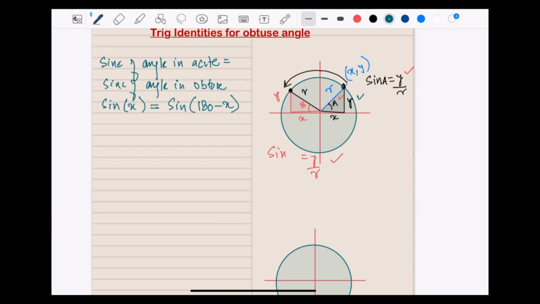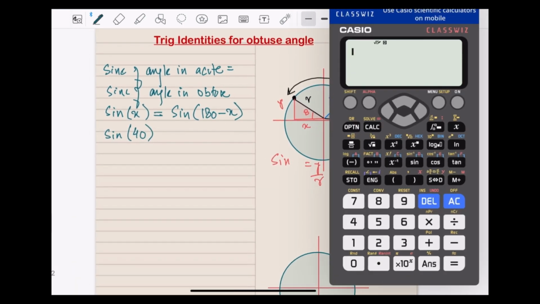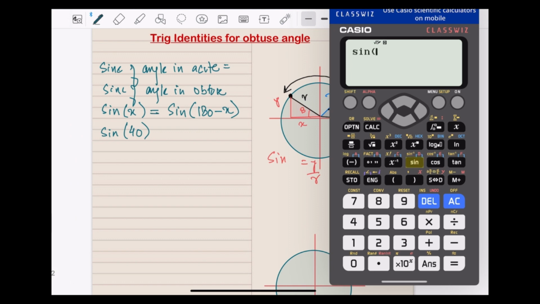I can give you an example. Let's take x as 40 degrees. So if I try to find out sine of 40, I can say that it is 0.64. I'm keeping it up to two decimal places.